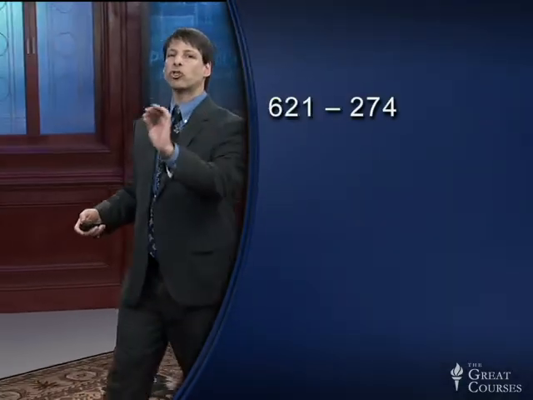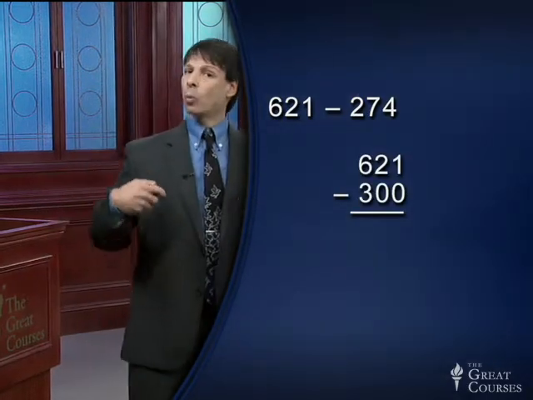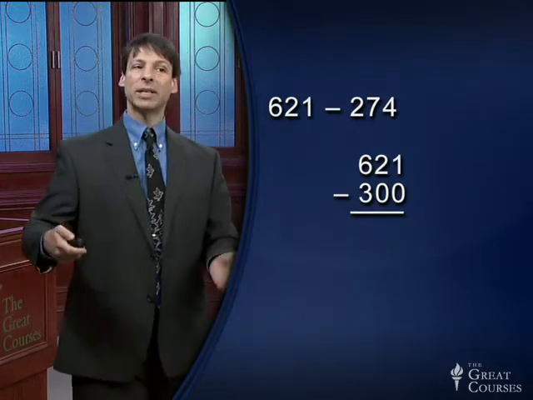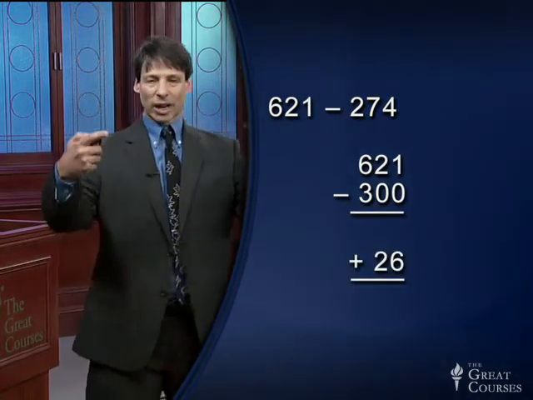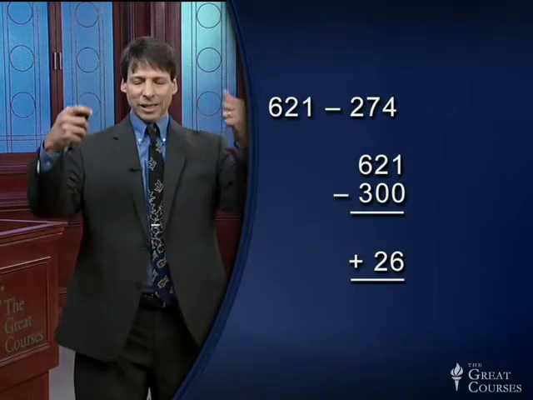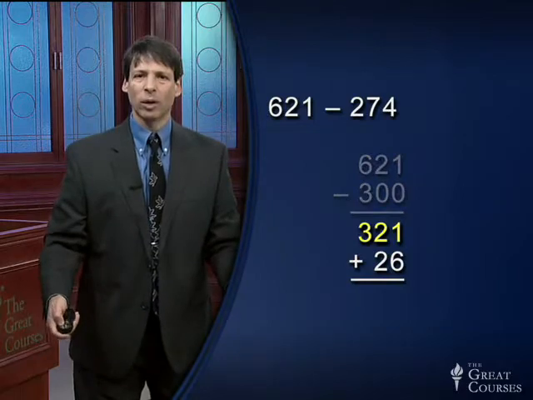Okay, here's another problem. Let's do 621 minus 274. Okay, how are we going to subtract 274? We'll subtract 300 and add back what? The complement of 74, which is 26. So when I subtract 300, 621 minus 300 is 321.